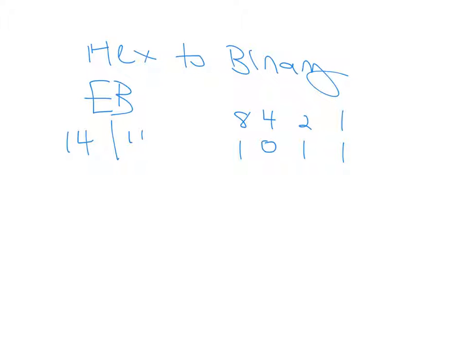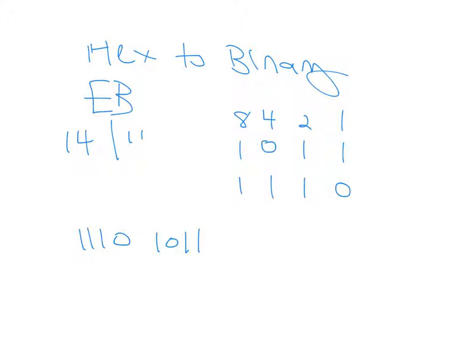And for the 14, we need an 8, a 4, a 2, and no 1s. So to convert, we'll work from left to right. The equivalent of an E is 1, 1, 1, 0, and the equivalent of the B is 1, 0, 1, 1.